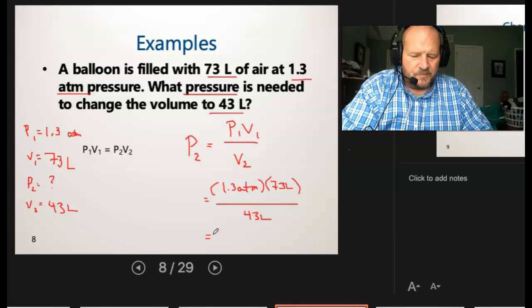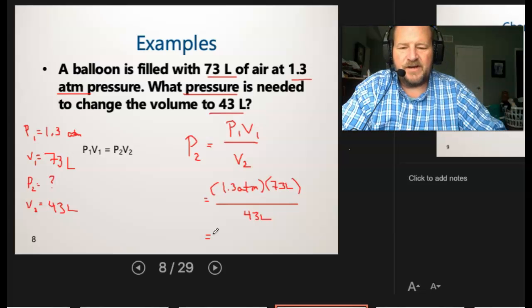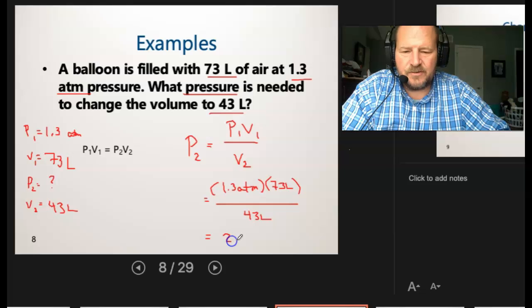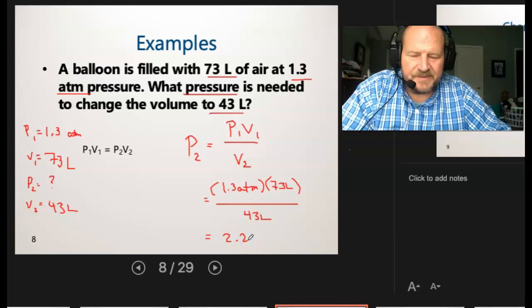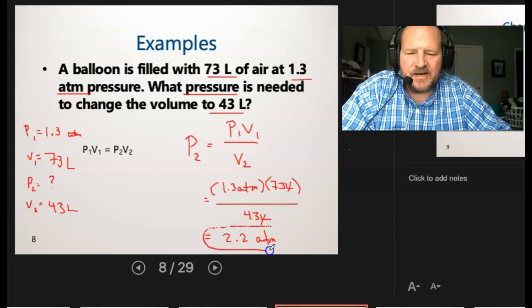And we're going to take 1.3 atmospheres times 73 liters, divide by 43, and we get 2.206976. However, I only get 2 sig figs, so I'm going to stop at 2.2 atmospheres. And here we can see liters will cancel out. We'll be left with unit atmospheres, which tells us we're probably on the right track.